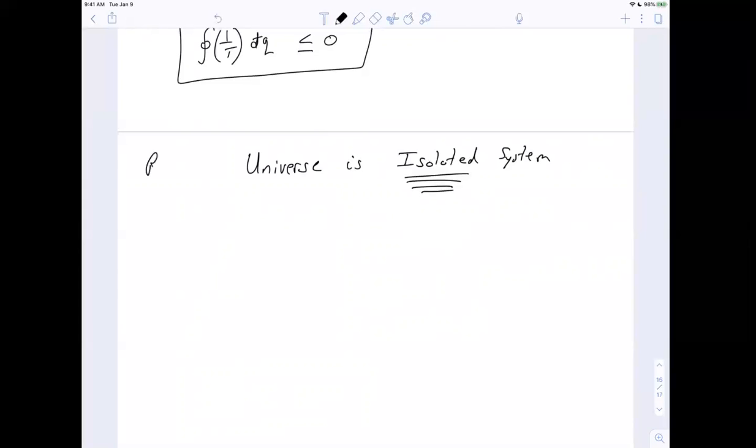According to our current understanding of the physical world and our place in the universe, we hold that the universe is isolated. So let's consider a process in an isolated system. Here we have an isolated system, not the universe necessarily yet, but some generic isolated system.